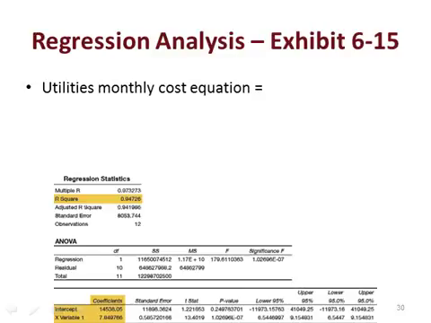And so if we pull those amounts out of the result presented here for regression analysis, we see that y is equal to $7.85 times x, so whatever my volume is, plus the $14,538, which is my fixed cost.